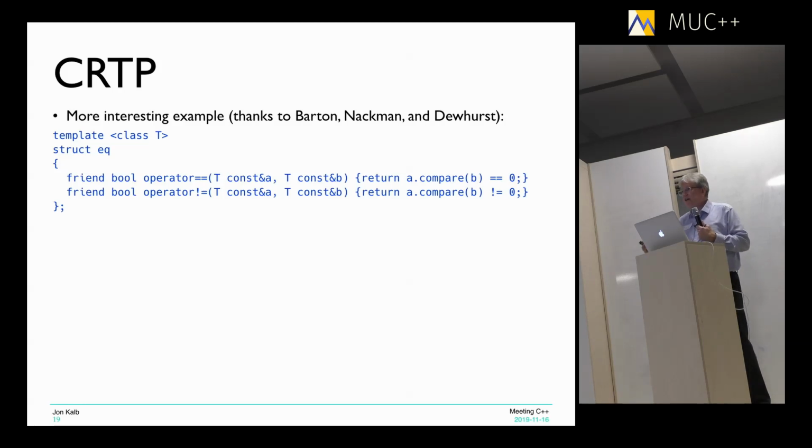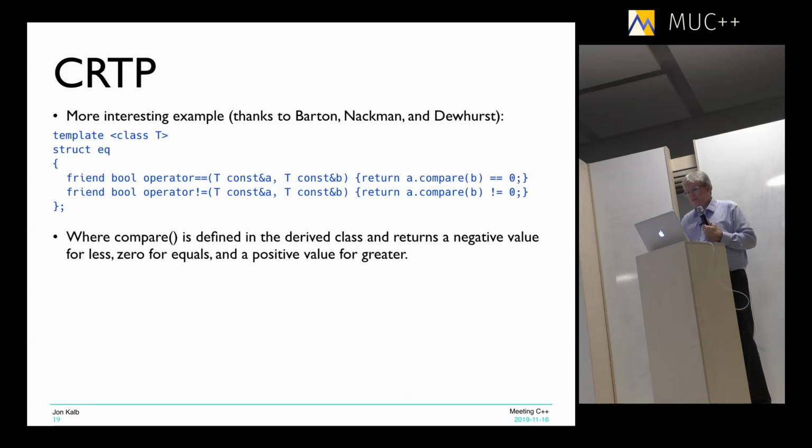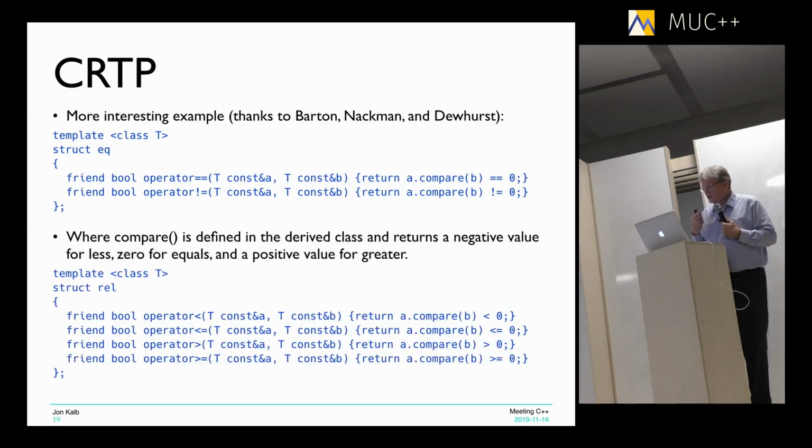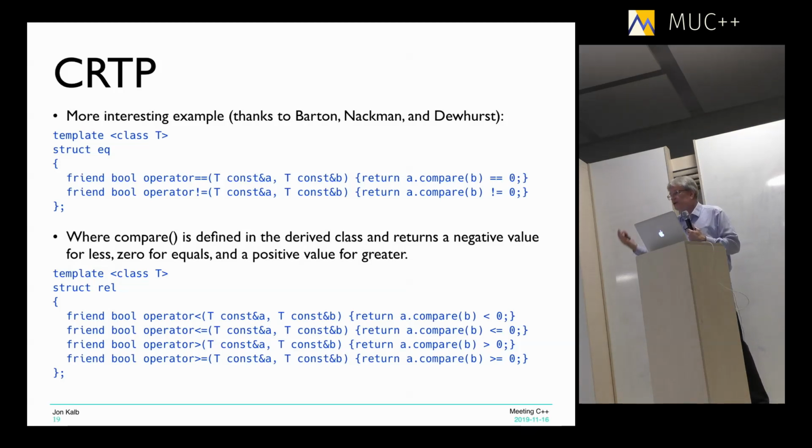And so this is done in the base class for us. So when the compare is defined in the derived class, it will return a negative value for less, 0 for equals, and a positive value for greater. This comparator is the syntax of string compare. It's very common. So now we've also created a relation class, which will tell us if something's less than, less than or equal, greater than, or greater than or equal, again, all using the compare.